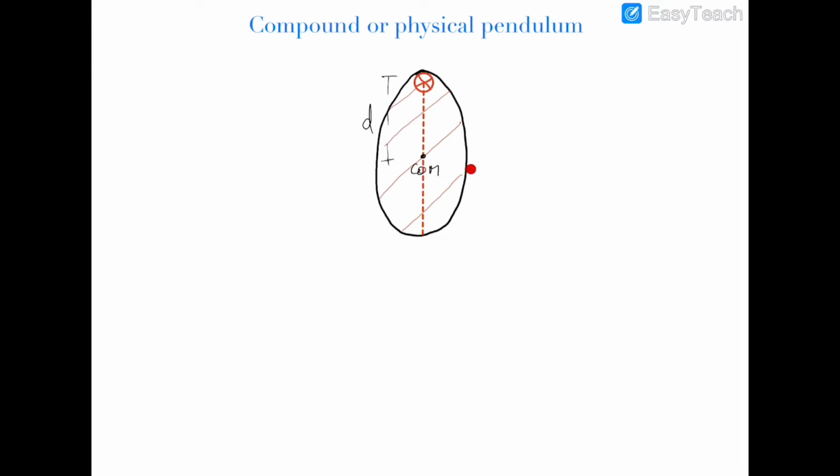In this case, this pendulum would be in equilibrium, and if we displace this pendulum from this position, let's suppose this is the displaced position, then this will be the center of mass, and this center of mass will have mg acting in the downward direction.